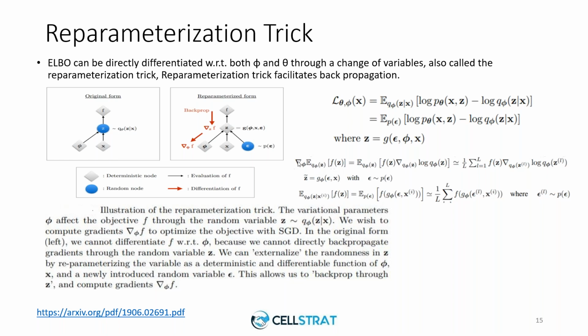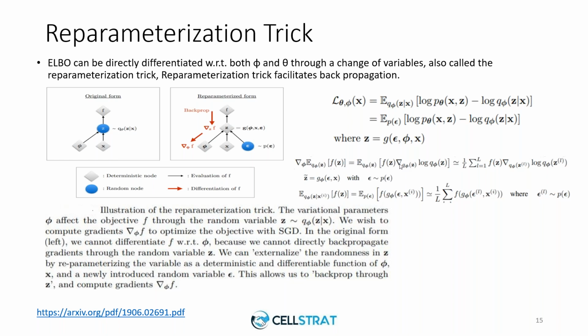We would have to move this gradient inside the expectation, but that will not work, because the variance of the gradients will be too high. Moving this delta phi inside the expectation is a challenge.